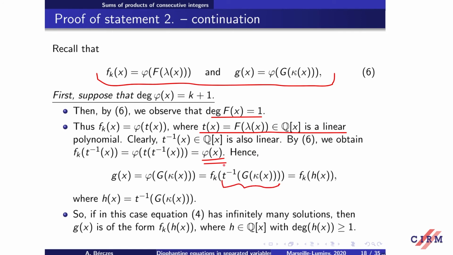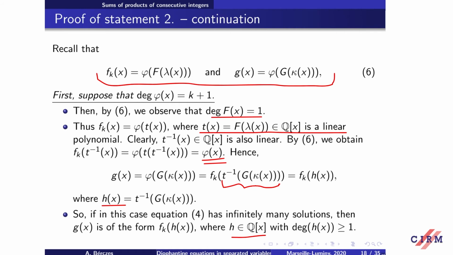And in principle, we don't care what is inside. The only important feature is that it is a polynomial with rational coefficients and of degree at least 1. So this means that we can prove that g(x) equals F_k(h(x)). This is the exceptional case when we may have infinitely many solutions.